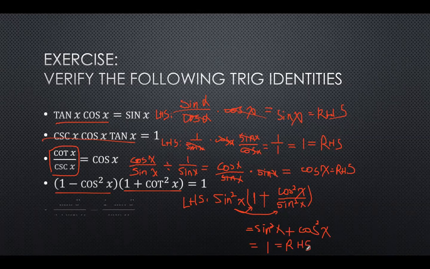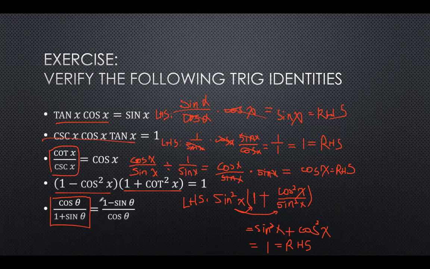For the last one, you have this fraction equal to the other fraction. Again, we only work on one side of the equation. So when you look at the right-hand side, it is not as simple as the terms we had before.